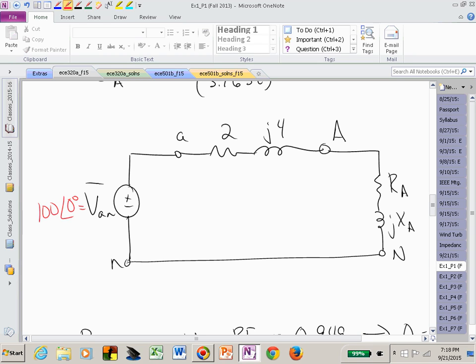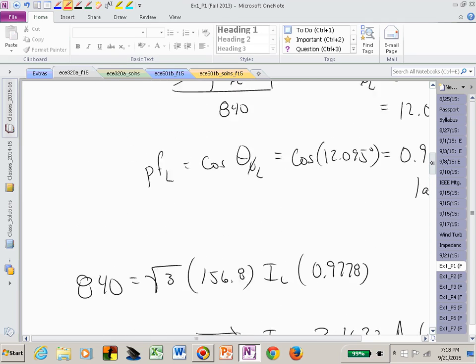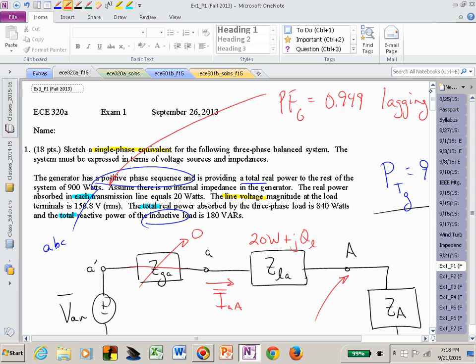Other questions? Yes. If you're not told that it's an inductive load, can we just assume it's an inductive load? That's why the power factor is lagging.